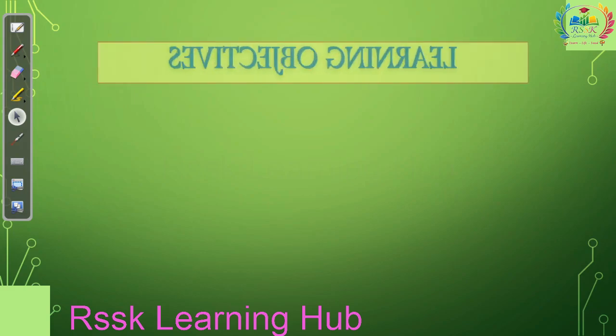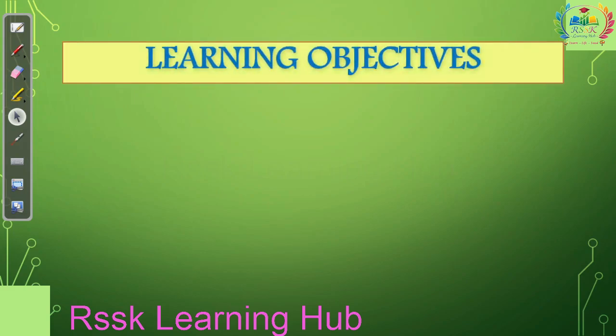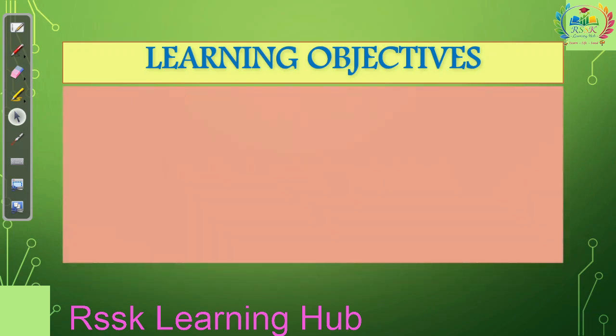What are the learning objectives you will come across after learning your chapter 1? We will discuss them shortly. First, you will know what function specification is and what the use of function specification is.